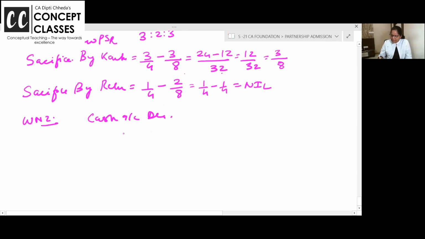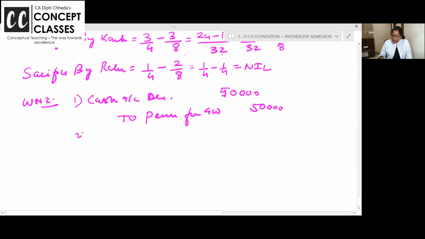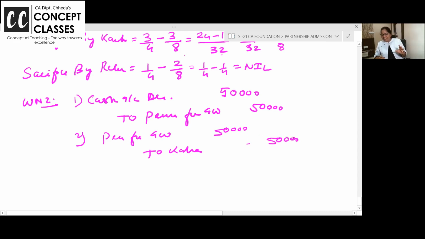You don't have to write this in the final exam, but for now write premium for goodwill. Give it just to Kanha, because you have to give the goodwill to old partners in the sacrificing ratio, and only Kanha is sacrificing. Rahman is neutral: no gain, no loss.